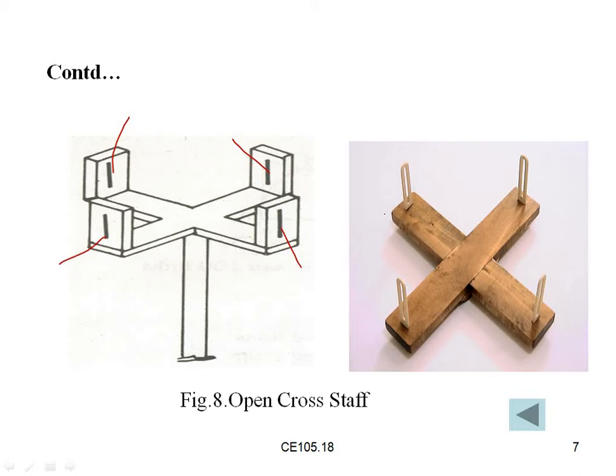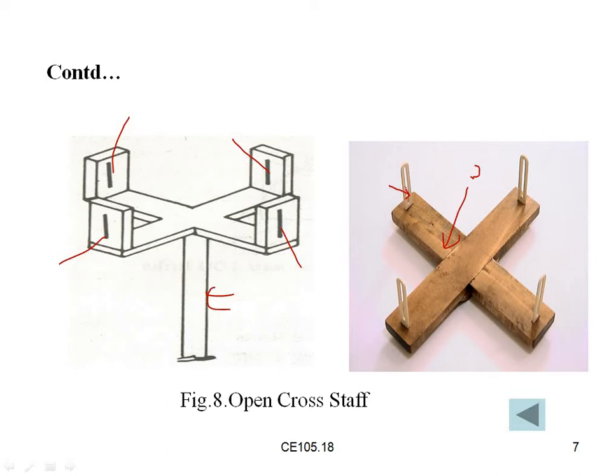This crossstaff should be kept on a tripod stand. Here you can see the stand type, and it is fixed on the ground. These are wood material. From this we will be seeing the object.